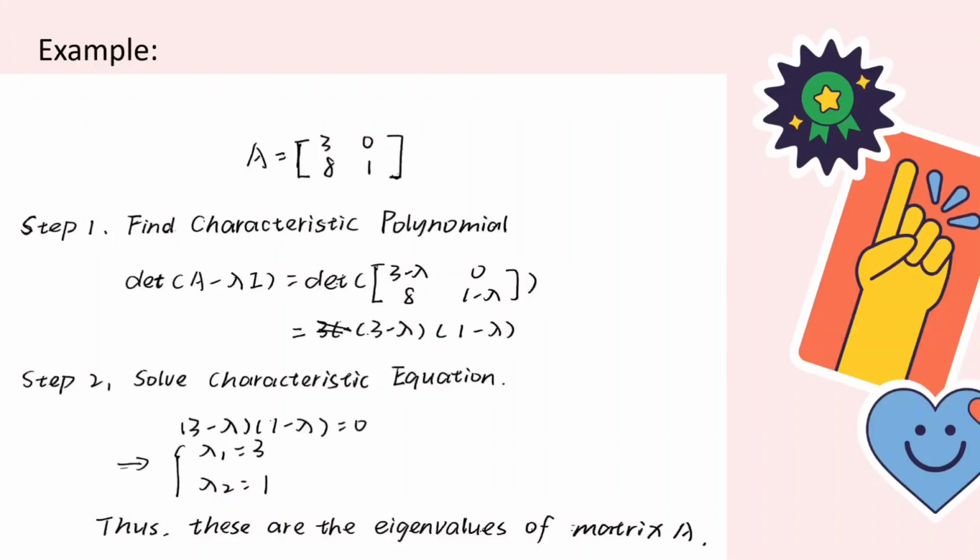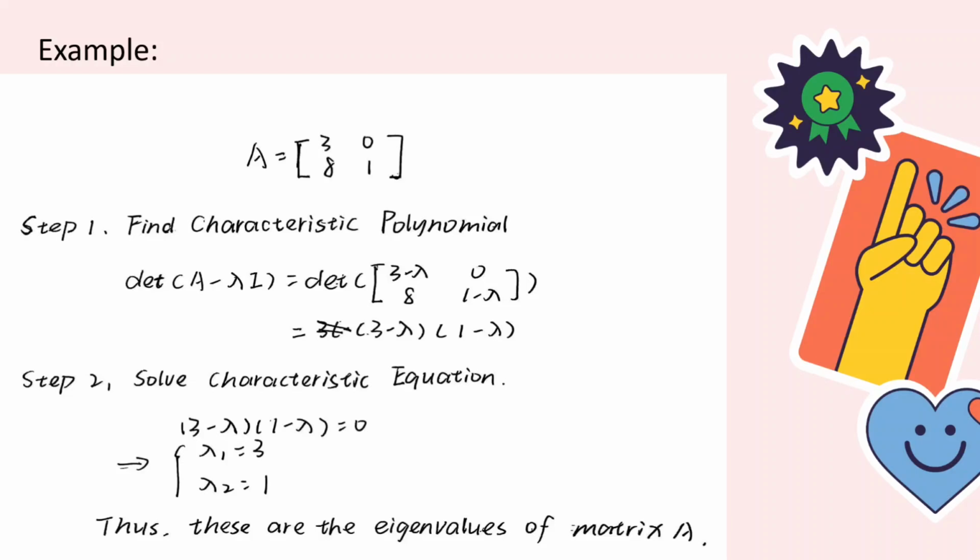Now let's see a simple example. Consider matrix A equal to (3, 0, 8, 1). First, we compute the determinant of A minus lambda I, which is (3 minus lambda) times (1 minus lambda).